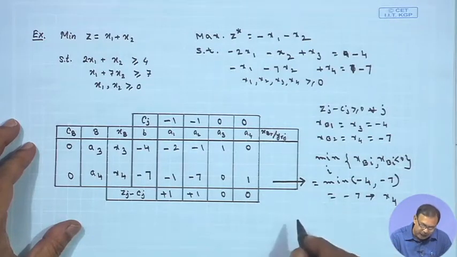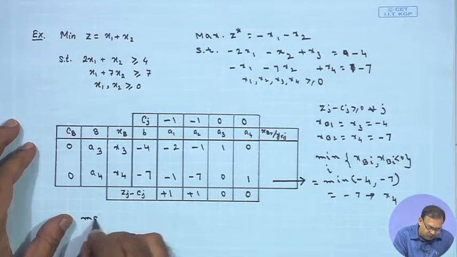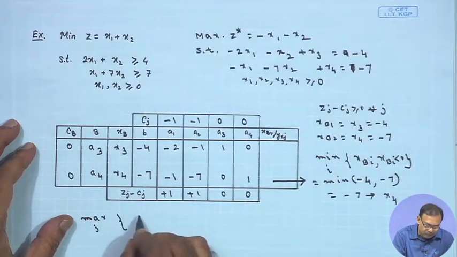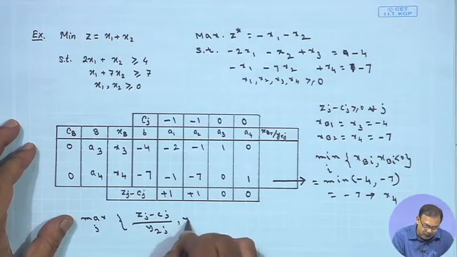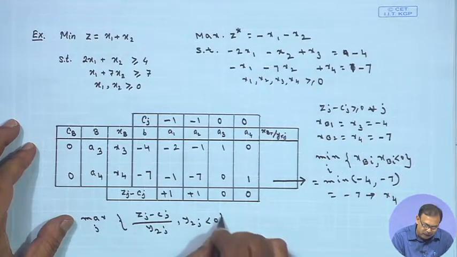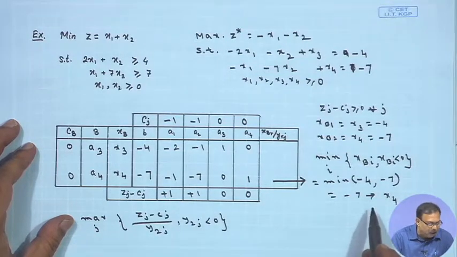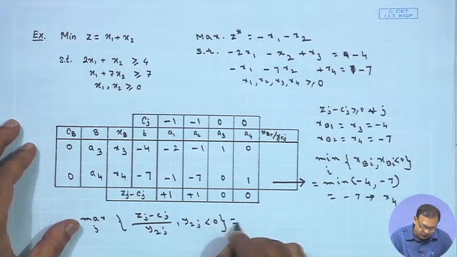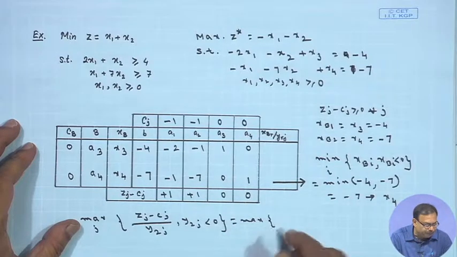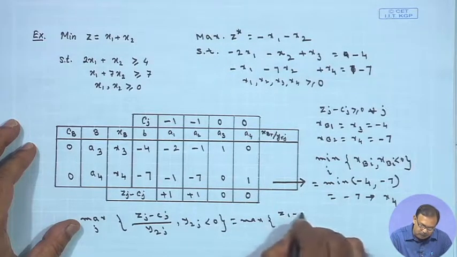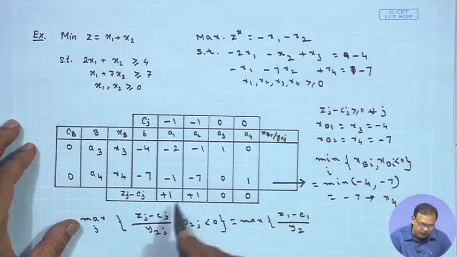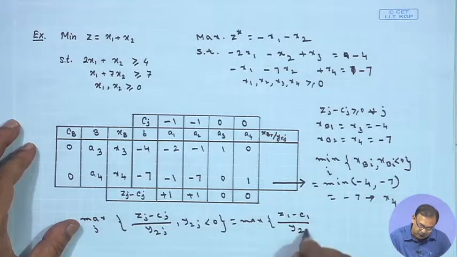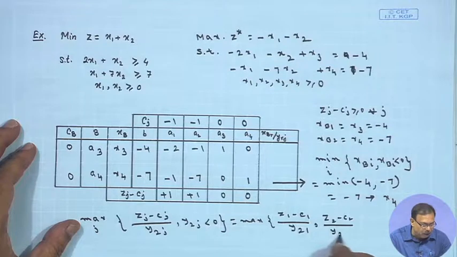Now, which one will enter? For that you have to calculate the maximum over j of (z_j minus c_j) by y_2j, such that y_2j should be less than 0. So, x4 is the departing variable. So, I can write down the maximum of (z1 minus c1) divided by y_21, because this corresponds to this y_21, and (z2 minus c2) by y_22.